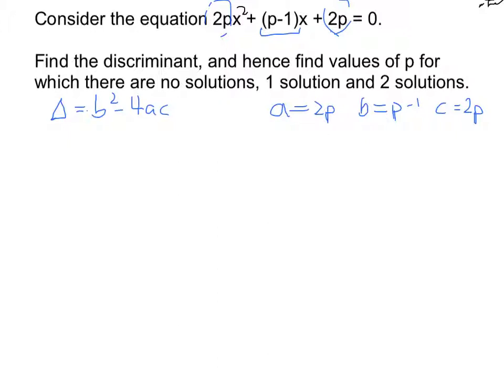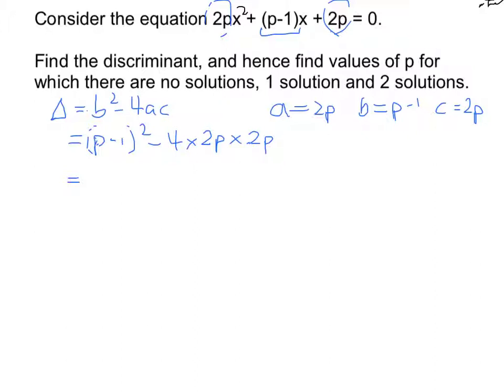So to substitute those into our discriminant equation, b squared is p minus 1 squared, take away 4 by a, which is 2p, by c, which is also 2p.